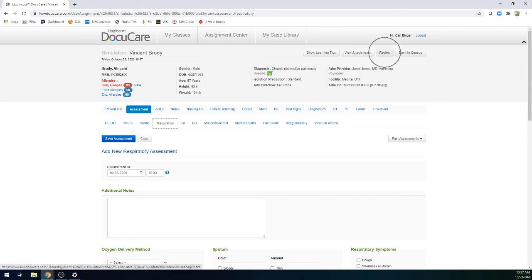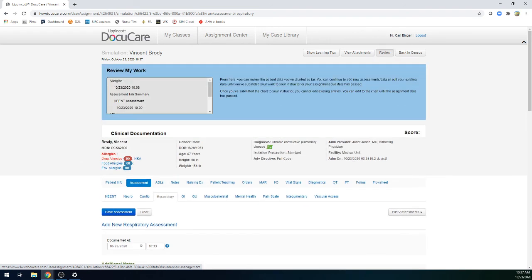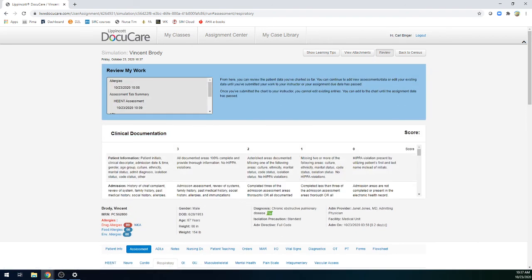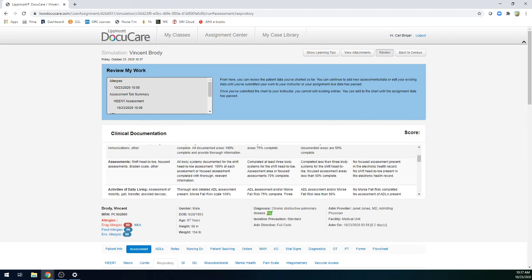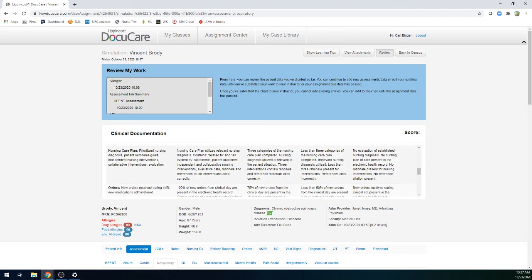Last thing I forgot, this review tab, if you push that, it gives you the rubric that I'm using to grade. Okay. And up here, it shows you where you have done charting. As you can see, I didn't save charting in all these other places, but if you hit the save button, it marks it.